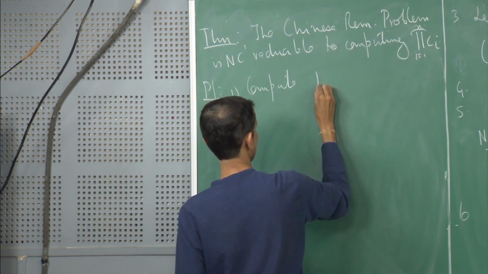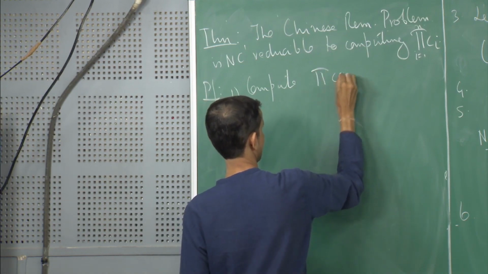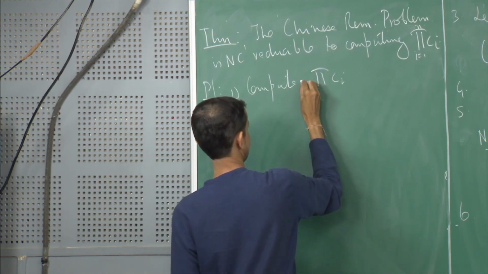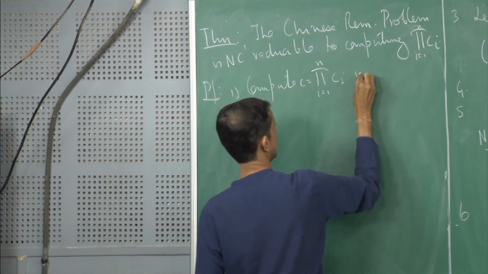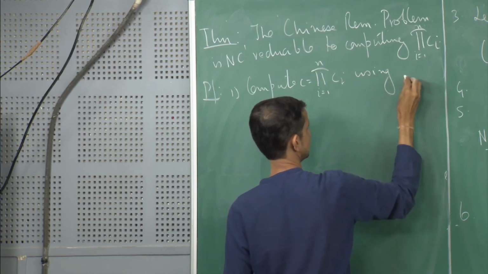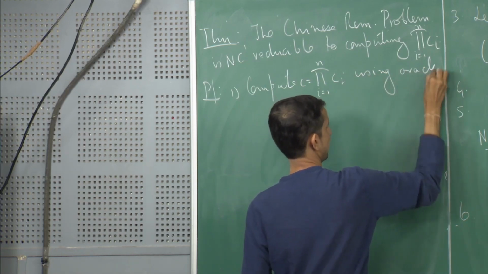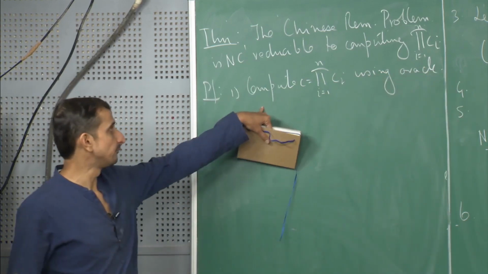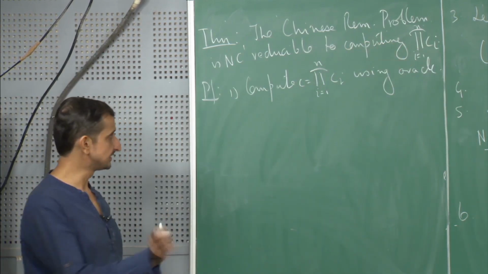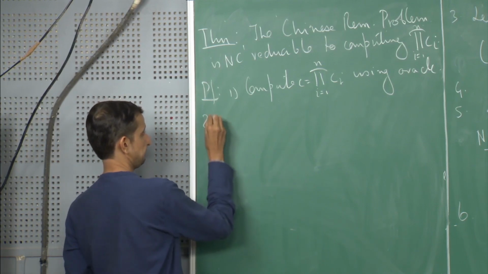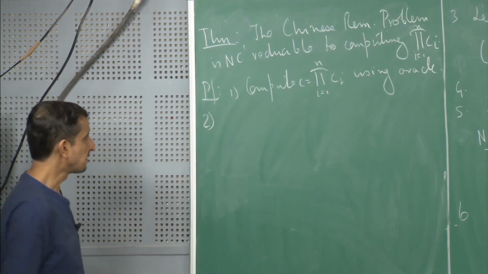So first we compute the product of ci, let's call it c, using my oracle. So this is the only step where I will be using this oracle. Now once I have computed c, the rest is just all NC1 computation.